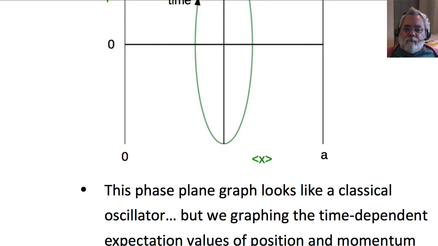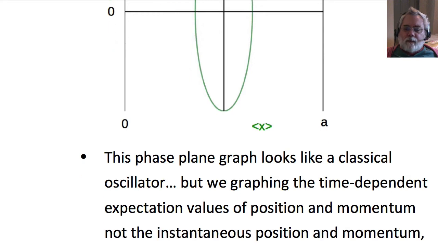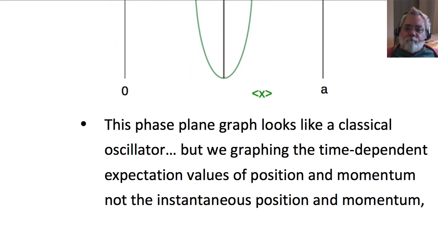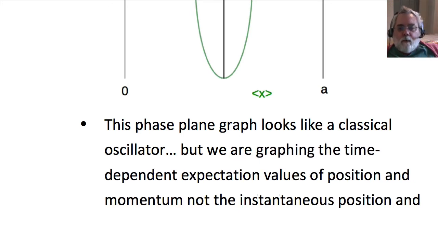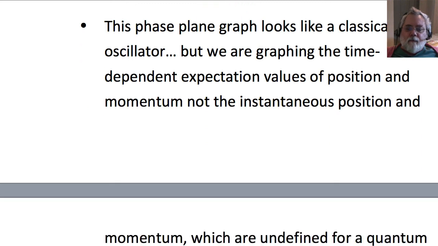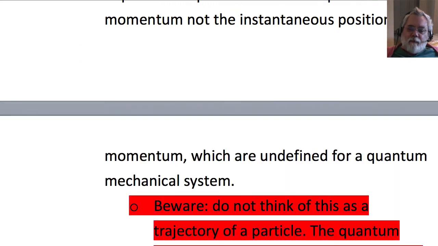Now this phase plane graph looks like a classical oscillator, but we're graphing the time-dependent expectation values of position and momentum here, not the instantaneous position and momentum, which are undefined for a quantum mechanical system.